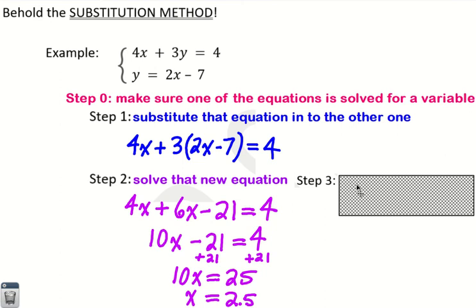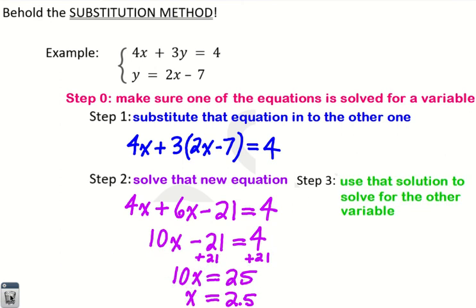We know what x equals, but don't we also have to figure out what y equals? So we're going to use that solution to solve for the other variable. We're going to solve for y, and we might as well use the fact that we now know what x equals to our advantage.